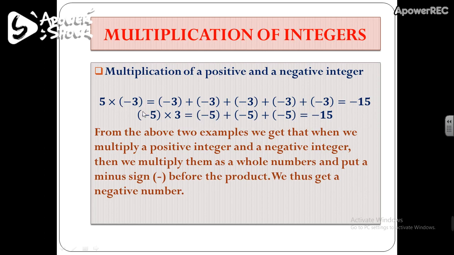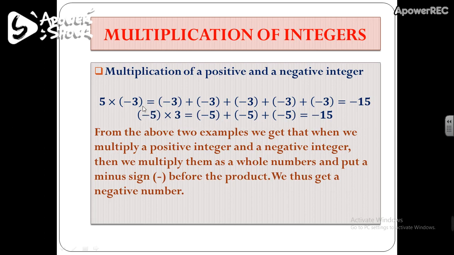We can get this result directly by multiplying 5 and 3, which is 15, and then putting this minus sign with the product. Here 5 multiplied by 3 equals 15 and then we just put the negative sign. Similarly, in the second one, 5 multiplied by 3 equals 15 and then we put this negative sign.